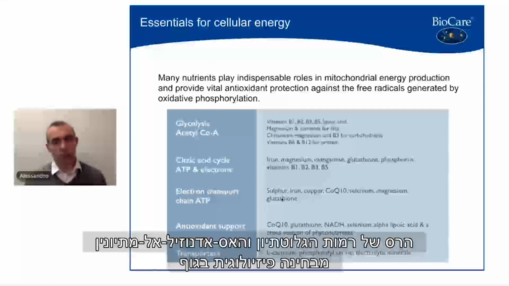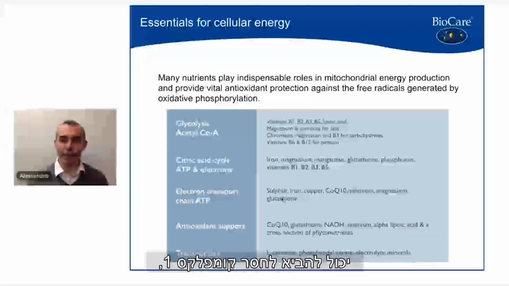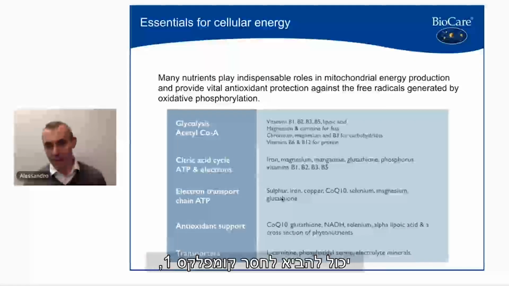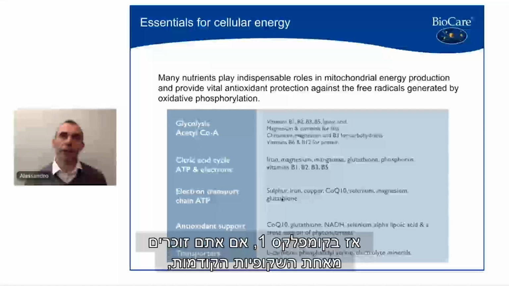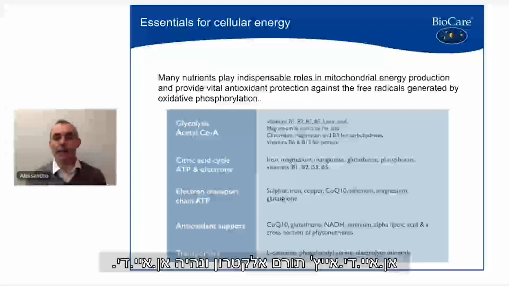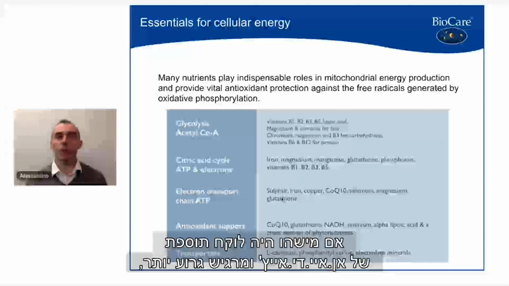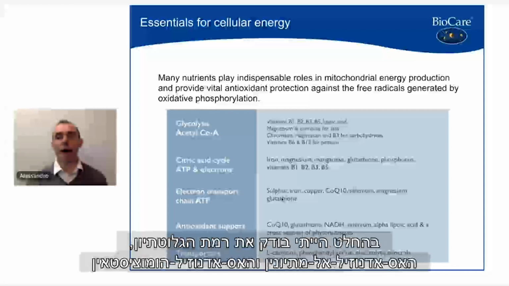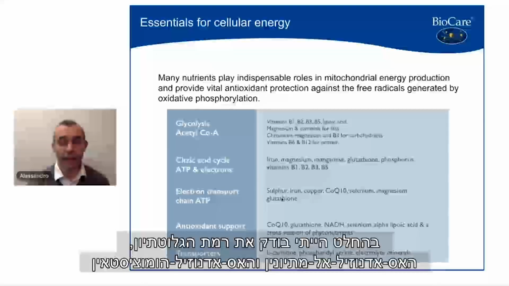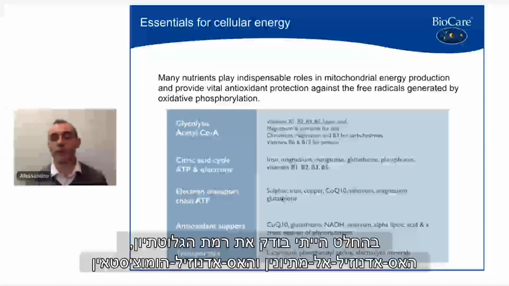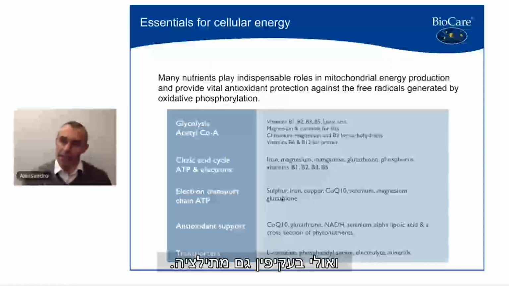The disruption between the levels of glutathione and SAMe physiologically in the body can lead to complex 1 inhibition. So within complex 1, if you remember from one of the previous slides, NADH donates an electron, is reduced to NAD. If someone were to supplement NADH and feel worse, then I would definitely look at the glutathione level, SAMe and SAH level, and potentially indirectly methylation as well.